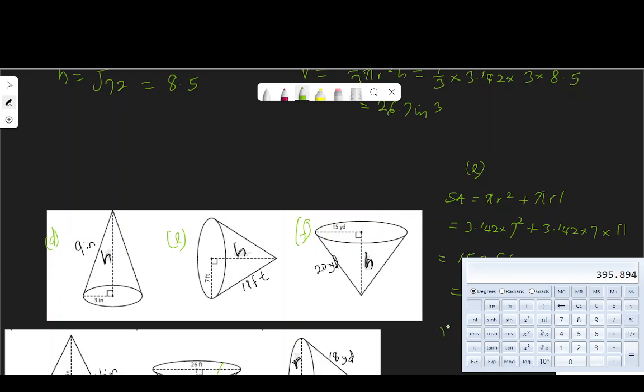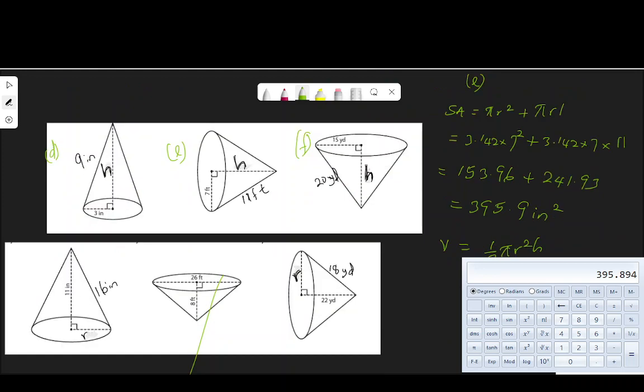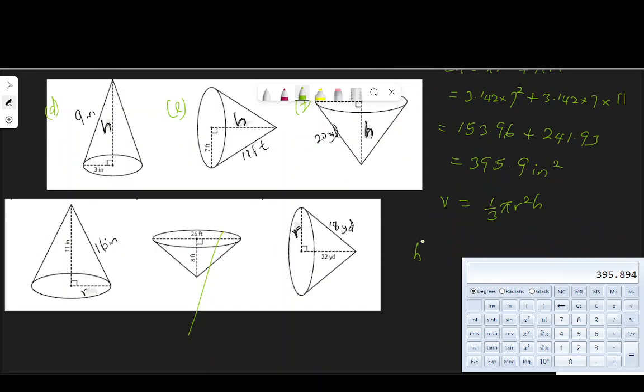Now the volume V is 1 over 3 pi r squared h. And then h is not given, so we need to calculate it first. h squared is equal to 11 squared minus 7 squared, applying Pythagoras theorem there, which is 121 minus 49, equal to 72.